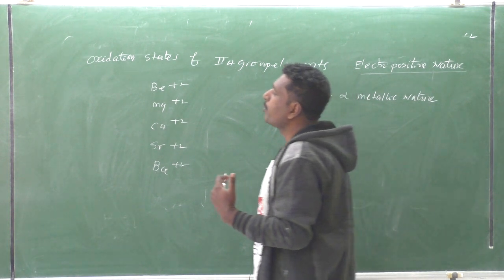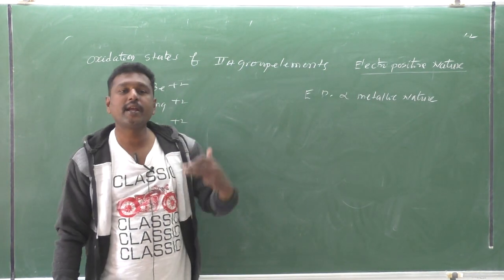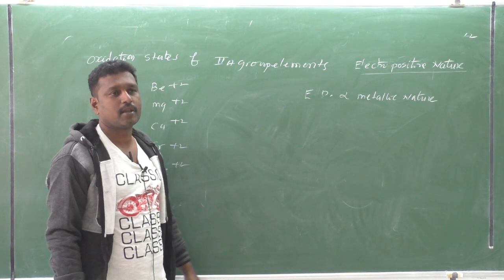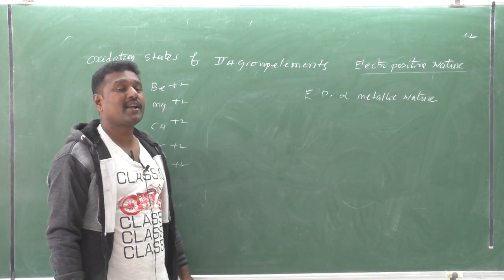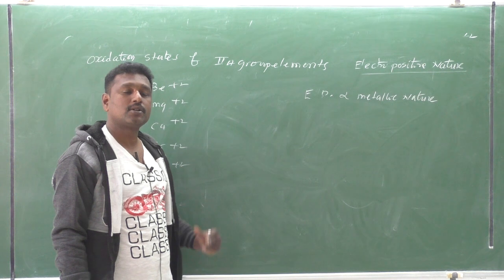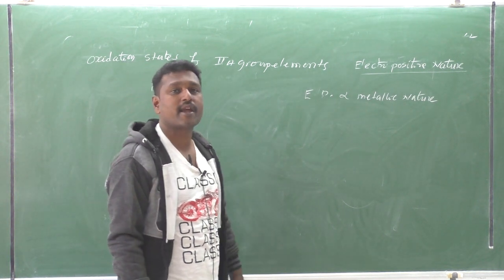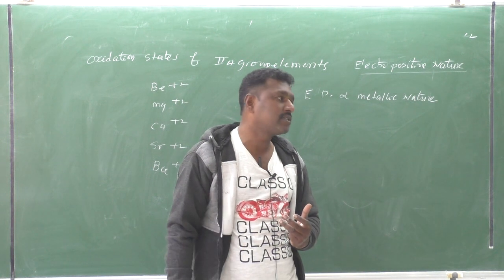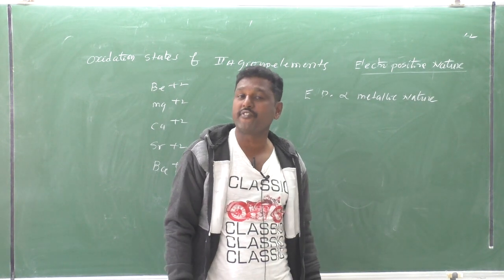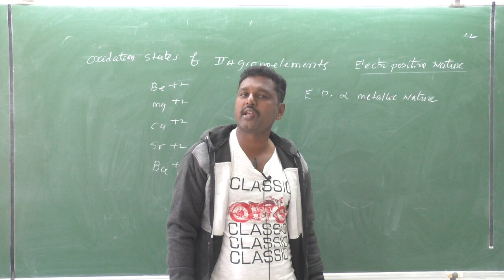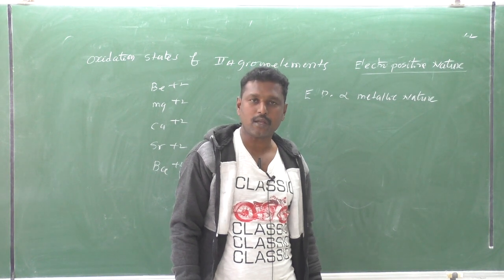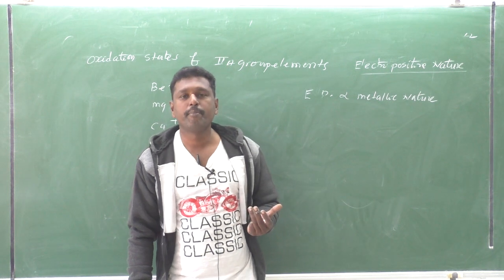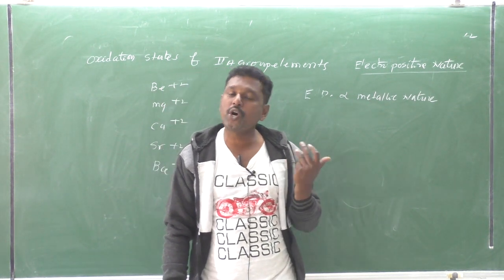Therefore, from beryllium to barium, metallic nature gradually increases. If metallic nature increases, what happens? It affects the acidic and basic nature of oxides. This is very, very important. If metallic nature is more, basic nature of the oxide is also more.